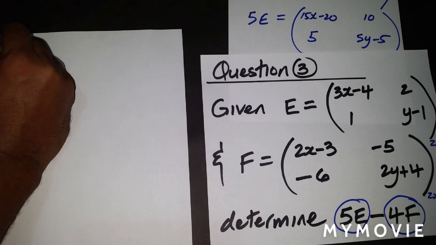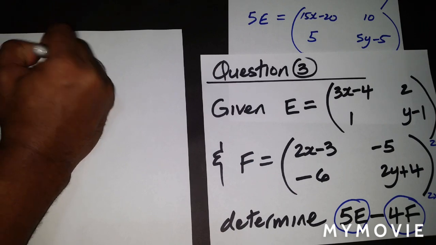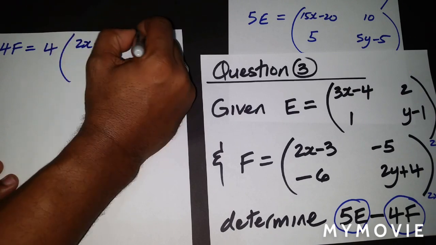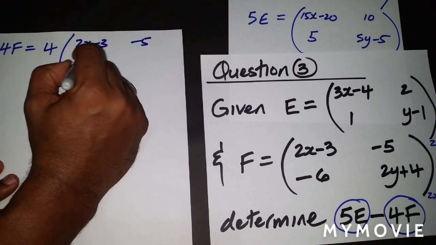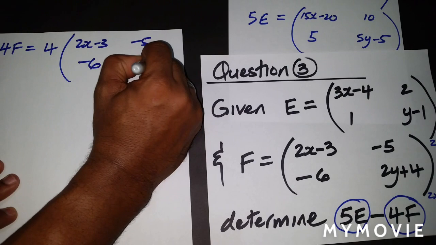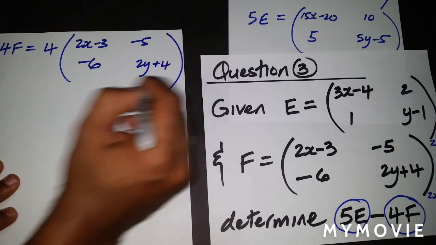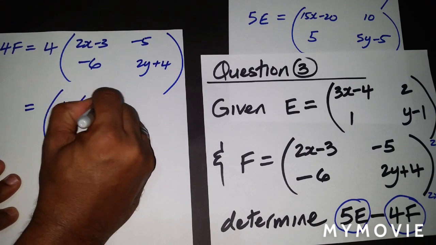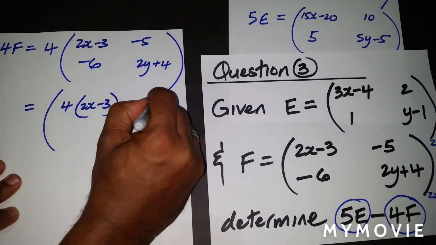So 4f simply means you're multiplying matrix f by 4, and matrix f is this, also containing algebraic expressions in it. Okay? So again, brackets must be placed around the algebraic expressions, just like this.